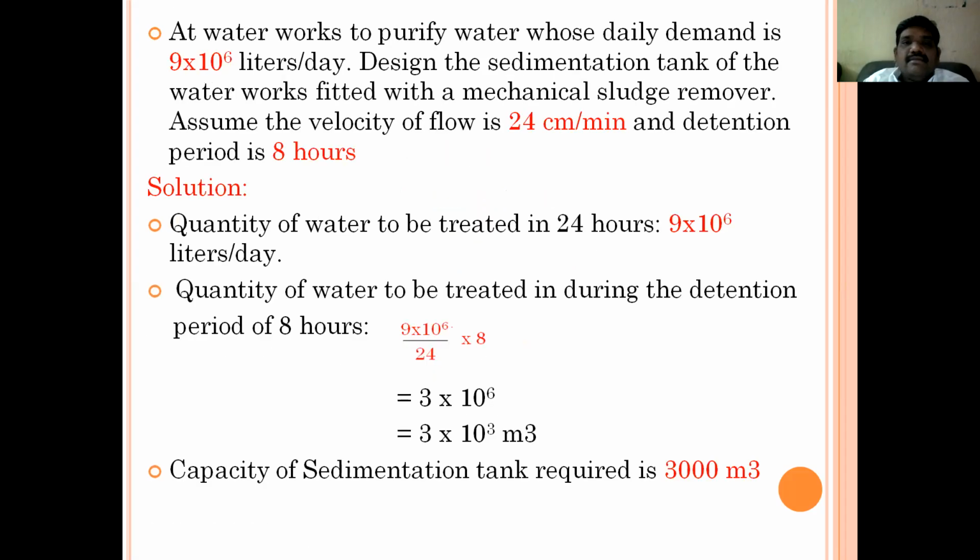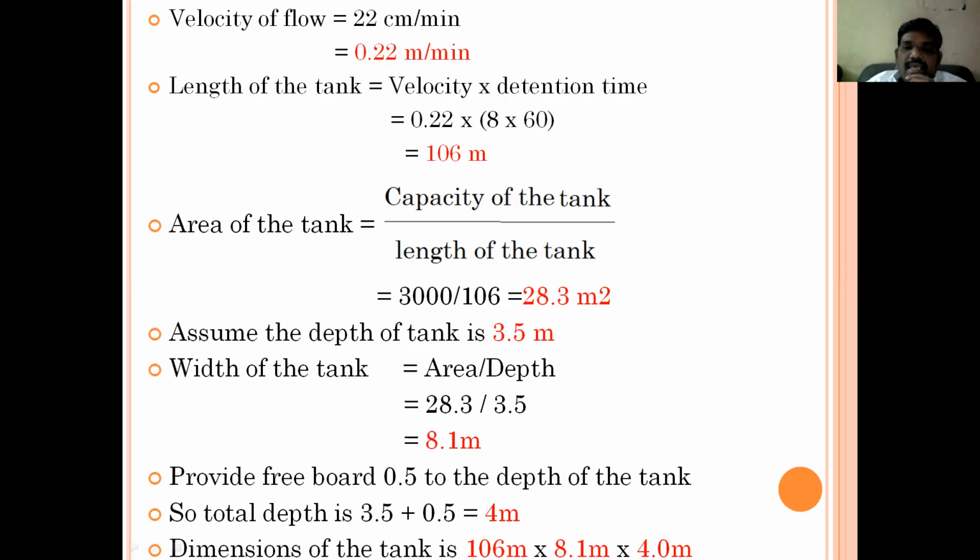For what? To treat the daily demand of 9 into 10 power 6 liters per day. What is the question? Sedimentation tank. Did we get everything? Yes. We have the length, the width, and the depth also.